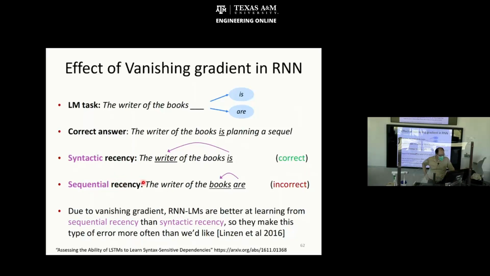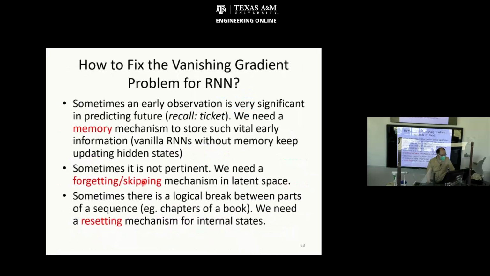So instead of just trying to mitigate these issues, like what I said before, where you can clip the gradient when it's exploding, or use some activation function, or dropout, can we address this issue a little more fundamentally? In other words, you do want to consider the long-term information, which can be syntactically recent or close, but you're facing the vanishing gradient problem. So what can you do?